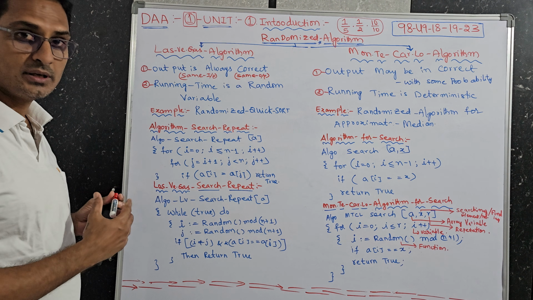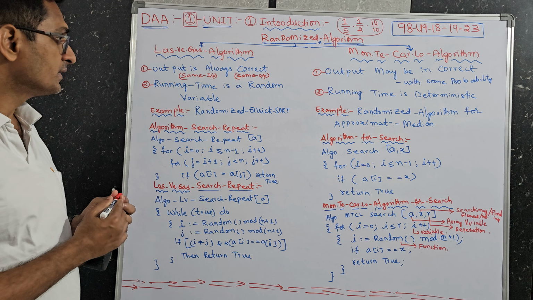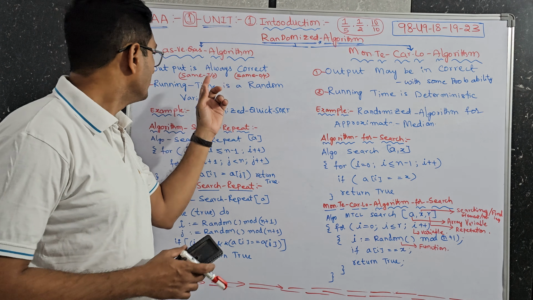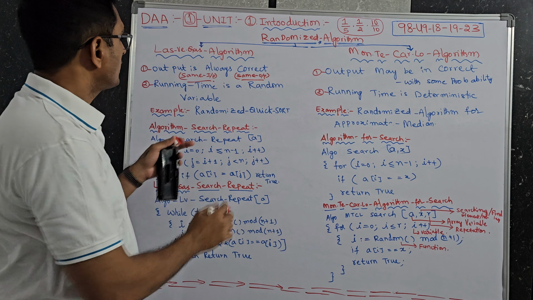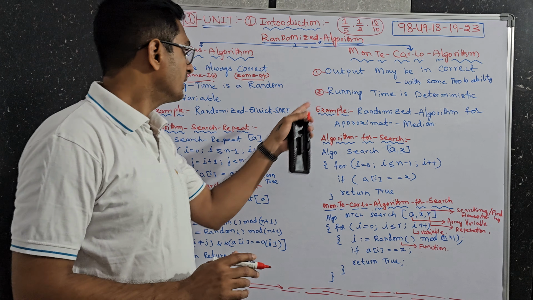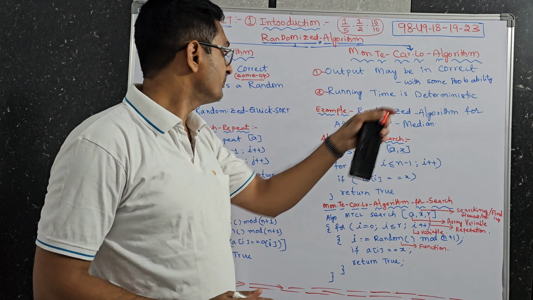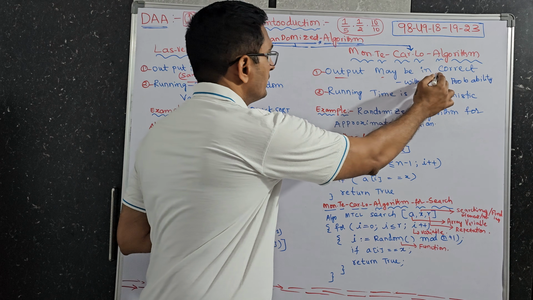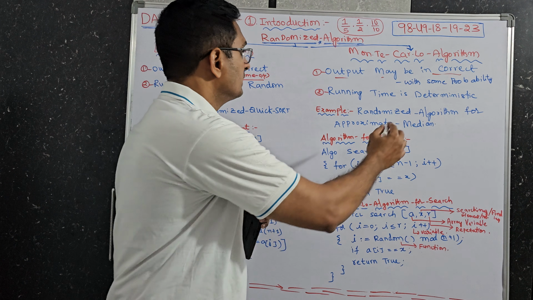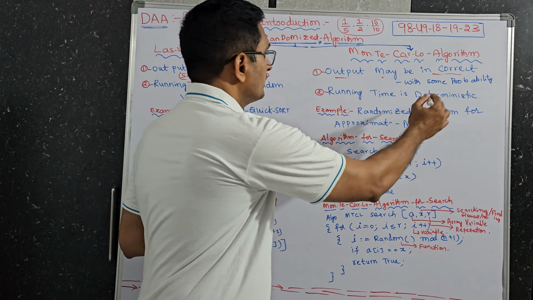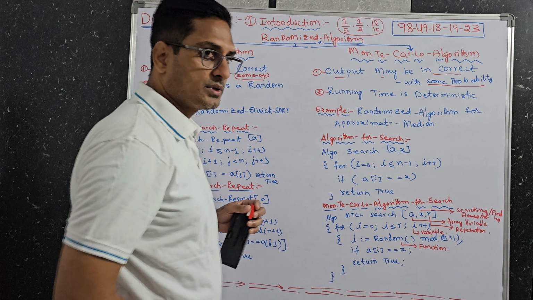For all the same inputs, we will get the same output, always correct. But in the Monte Carlo algorithm, the output may be incorrect. Sometimes it may be correct, sometimes it may not. We will get ambiguous results with some probability.